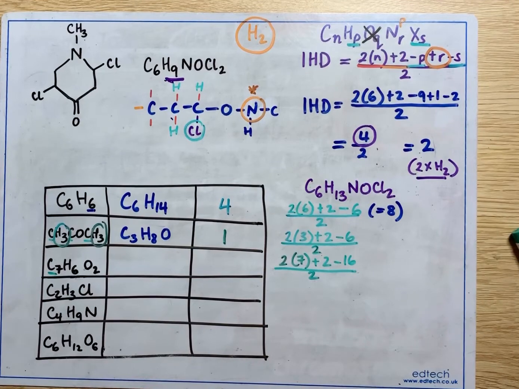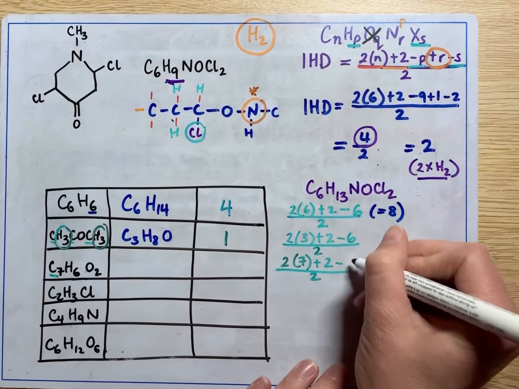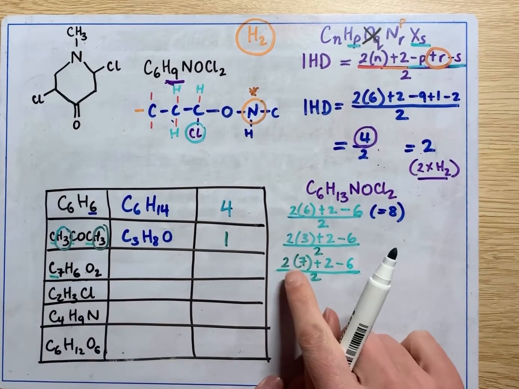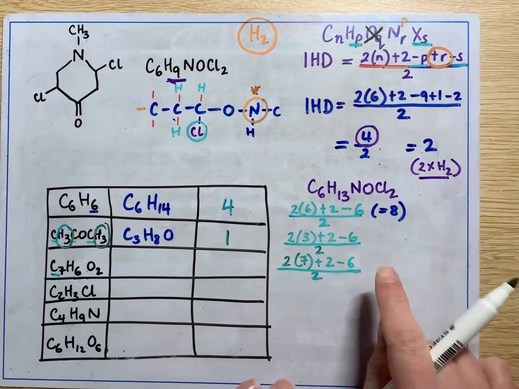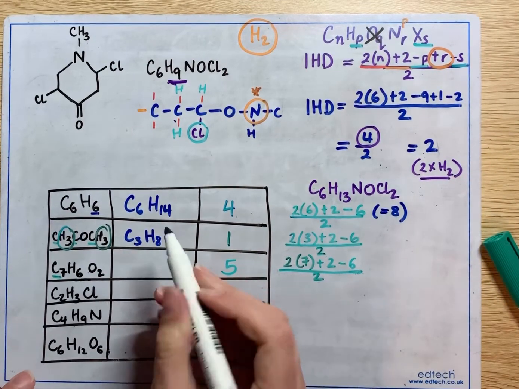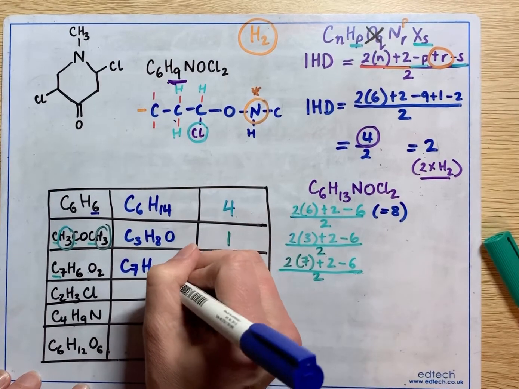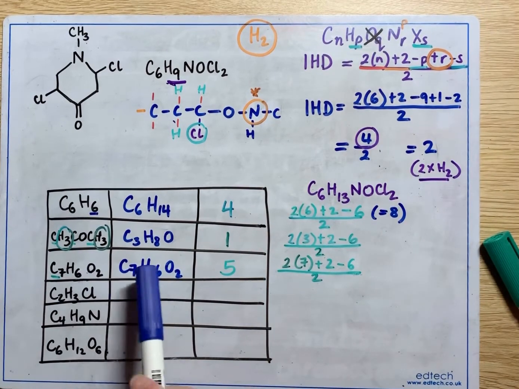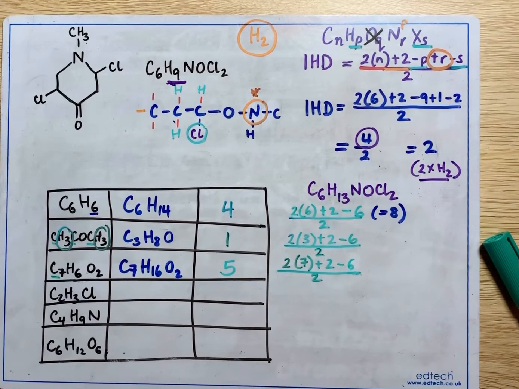I thought, hang on a minute, we're not going to have any hydrogens missing. Let me change that. So 2 lots 7, sorry, 14 and 2, we've got 16, take away 6 is 10, so 10 over 2 is 5. So add those 10 hydrogens in. Must have been jumping the gun, knowing the answer already. That's what our answer should be there. So again, carbon and oxygen unchanged, hydrogen adding in double that IHD.